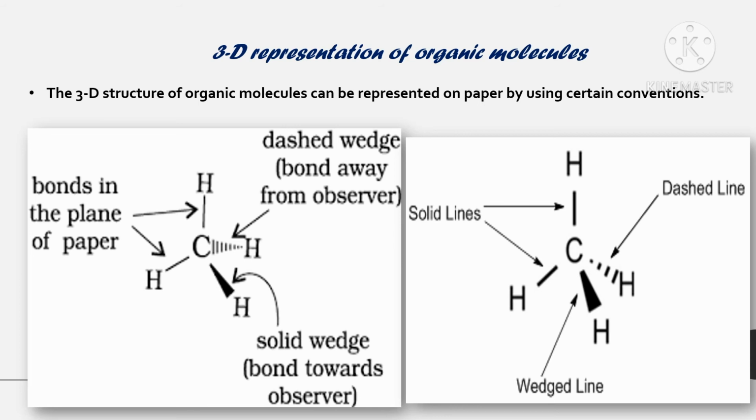If we are placing a plane of paper on this model, this thick line indicates this hydrogen atom is above the plane of paper, also called towards the observer, and this dashed line or dashed wedge represents below the plane of paper or away from the observer, and these two hydrogen atoms are in the plane of the paper.